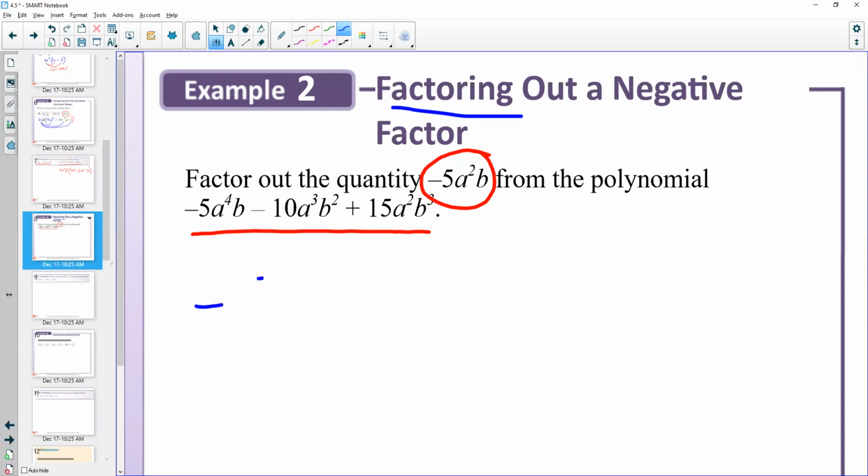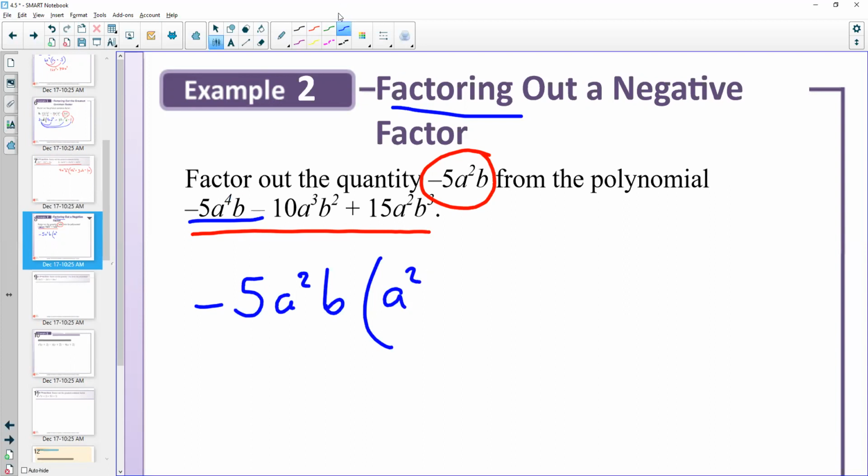So I know what I'm factoring out, negative 5a squared b. What I have to think about is what's left. So for the first term, I took out negative 5, okay? I took out a squared, so I'm left with a squared, because I had 4 of them, and I took out the b. So all I have left is a squared.